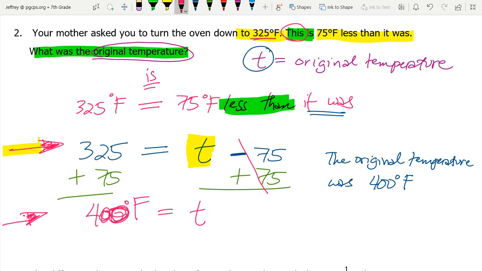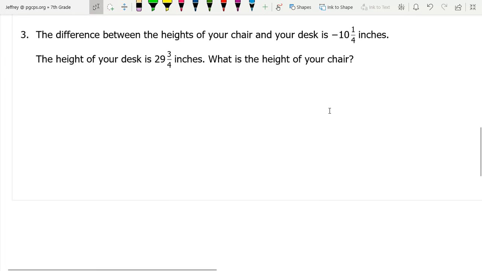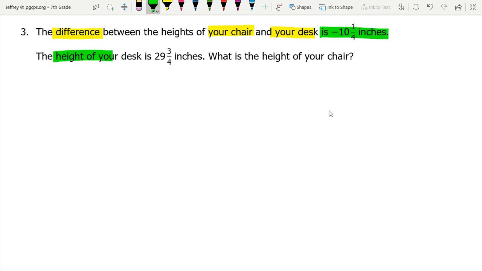Now let's do the third problem. The difference between the heights of your chair and your desk is negative 10 and 1/4 inches. Now the height of your desk is 29 and 3/4 inches.